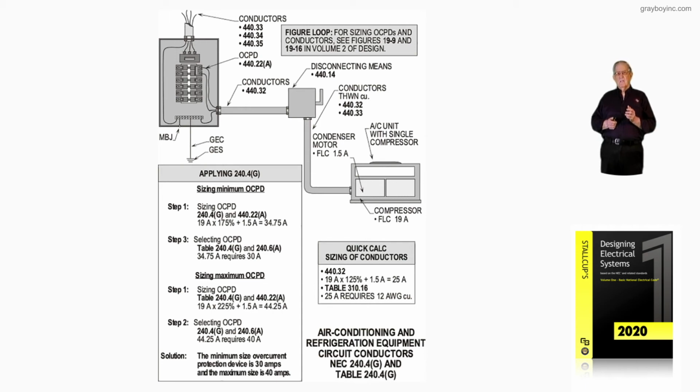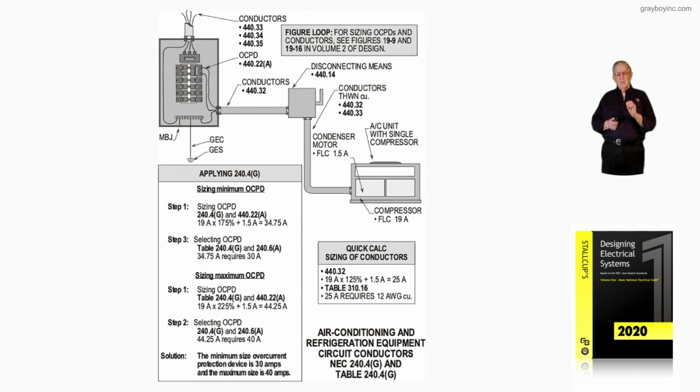Now, the conductor size, though, is still going to be number 12 or number 10 that you could use. And notice the device is sized greater than 240.4(D). Why? Because Table 240.4(G) says because it's an air conditioner, we can go to 440.22(A) and size the protective device minimum or maximum or anywhere in between.